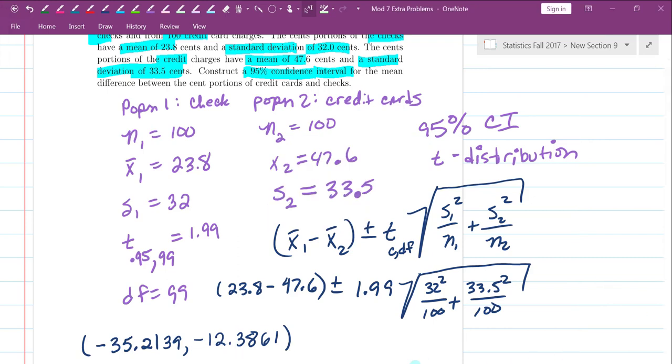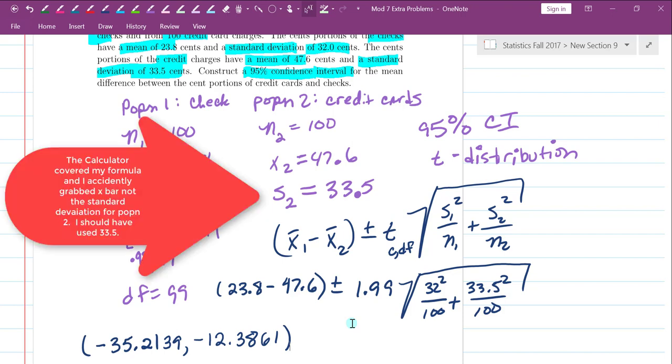Okay, so here's our confidence interval right here. The proper interpretation would be that I'm 95% confident that the true difference between the means of check cents and credit card cents is between negative 35.21 and negative 12.38 cents.